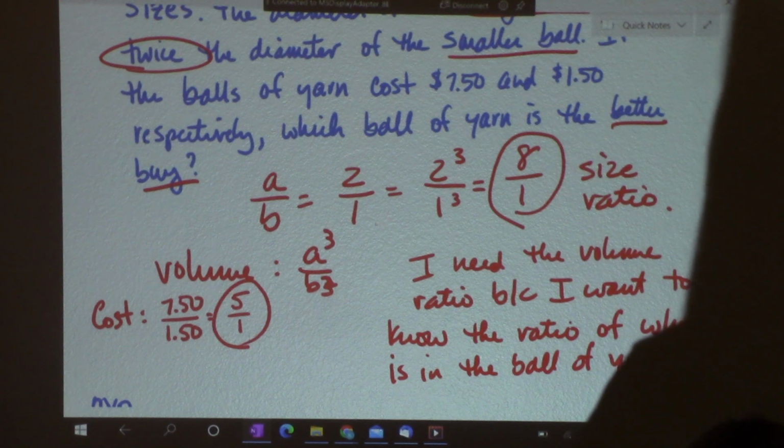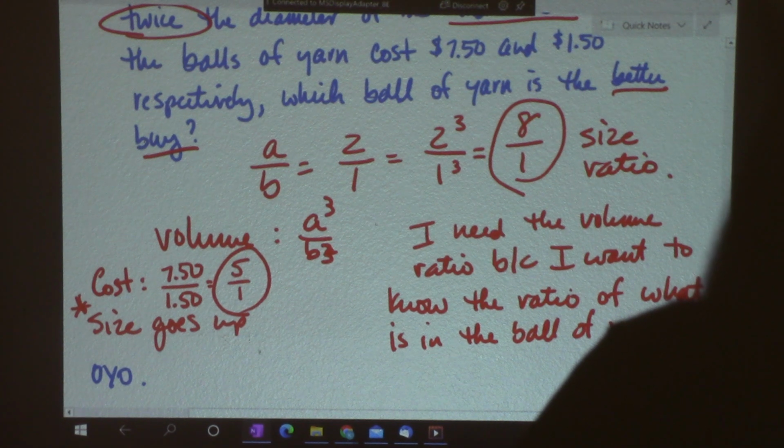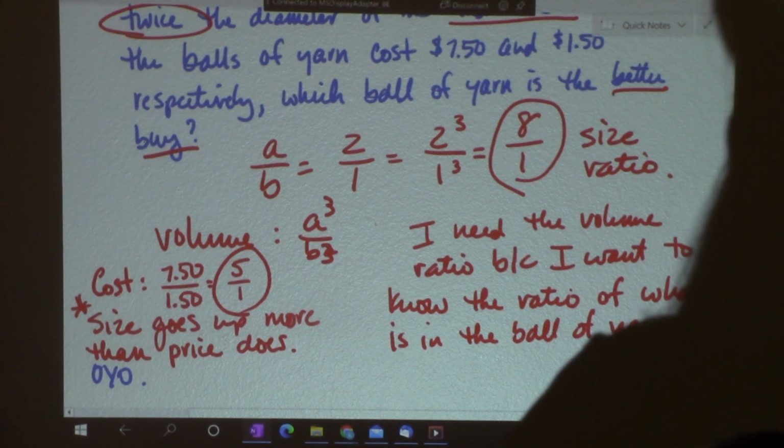So the larger ball is a better buy. Size goes up more than price does, right? Does that make sense? I'm going to erase this over here.